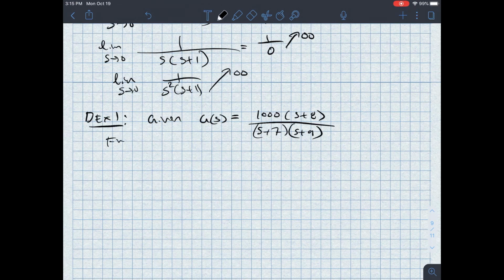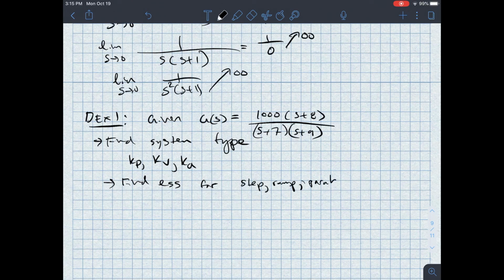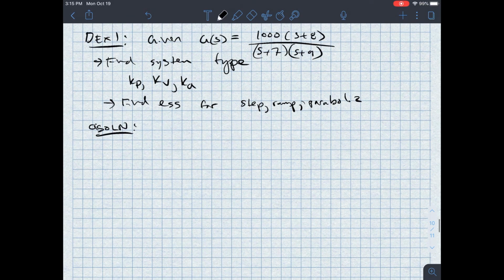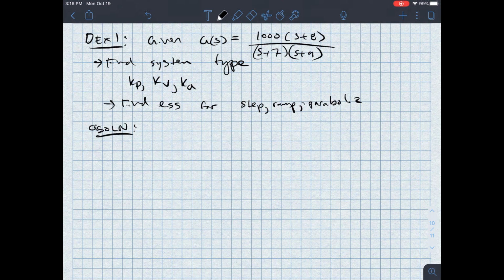I want to find the system type, and then I want to find Kp, Kv, Ka, and then I want to find the steady state error for the different test inputs. So find the steady state error for a step, a ramp, and a parabolic input.